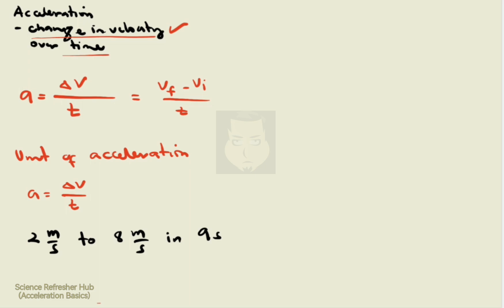So it starts from that velocity, so that's going to be the initial, and obviously 8 is the final velocity. Okay, let's use these variables in calculating the acceleration to know what's the unit of acceleration.